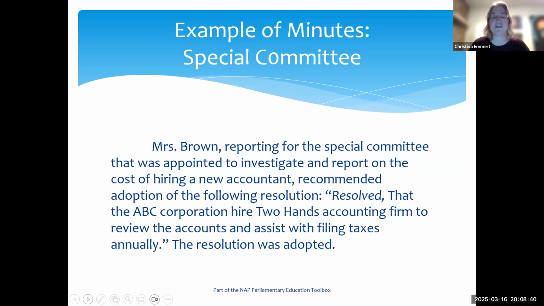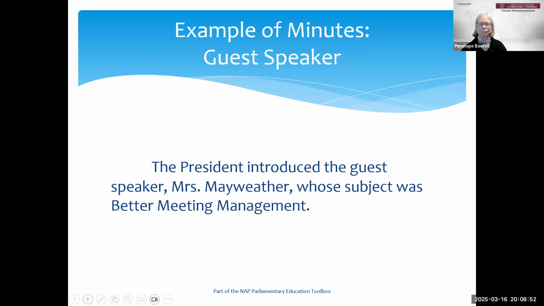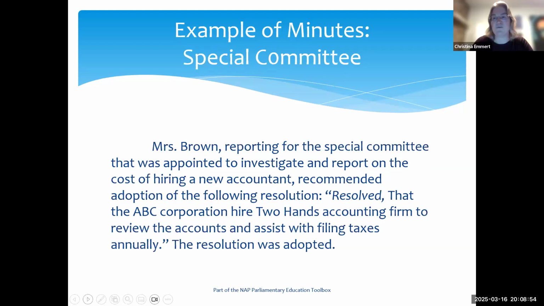The resolution was adopted. Of course, this isn't part of minutes, but if a special committee is appointed, once their job is done, they are discharged and they are no longer a committee. That's not included, because once they're done, it's assumed that their job is done. They don't have anything else to do, so they don't exist anymore.